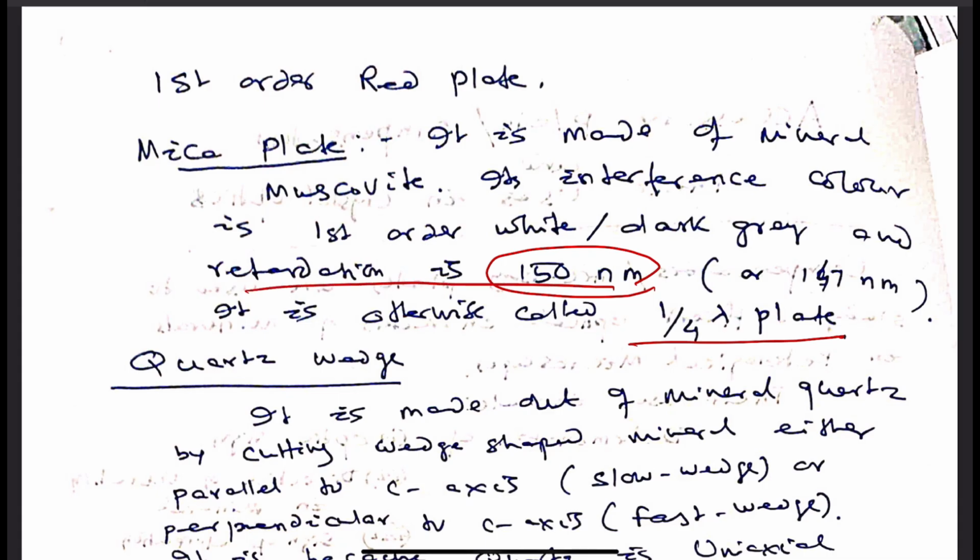So it will either increase retardation by 150 or decrease it by 150. And its interference color is first order white or dark grey, and it is made out of a mineral called muscovite.